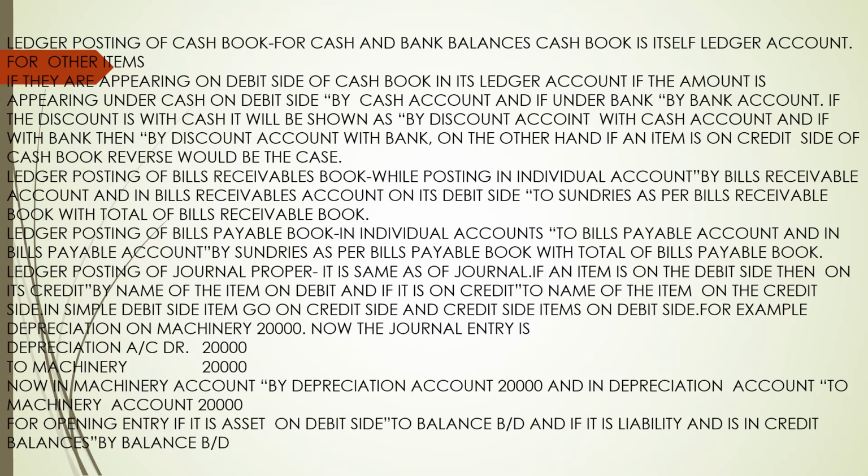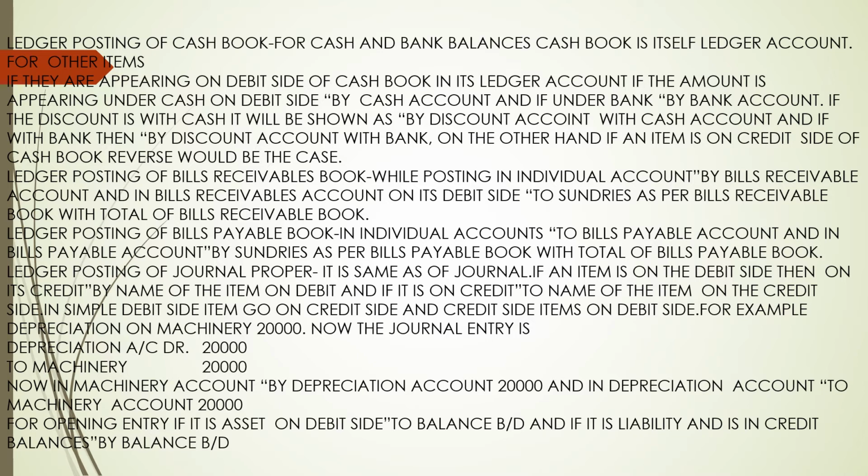Next is ledger posting of bill receivable book. While posting in the individual account, write by bill receivable account, and in the bill receivable account, on its debit side, write to sundries as per bill receivable book with the total amount of the bill receivable book.